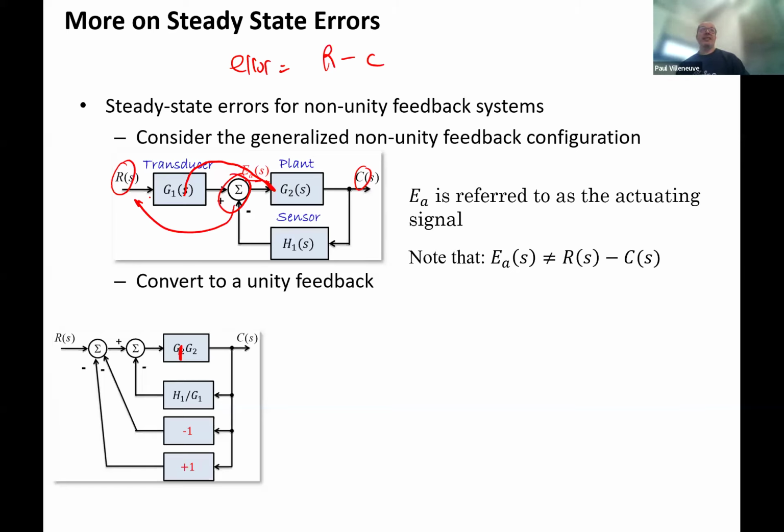And if you look back at moving your summing junction to the other side, all I need to do is divide my feedback by whatever that feed forward gain is. And then I've got my value here.